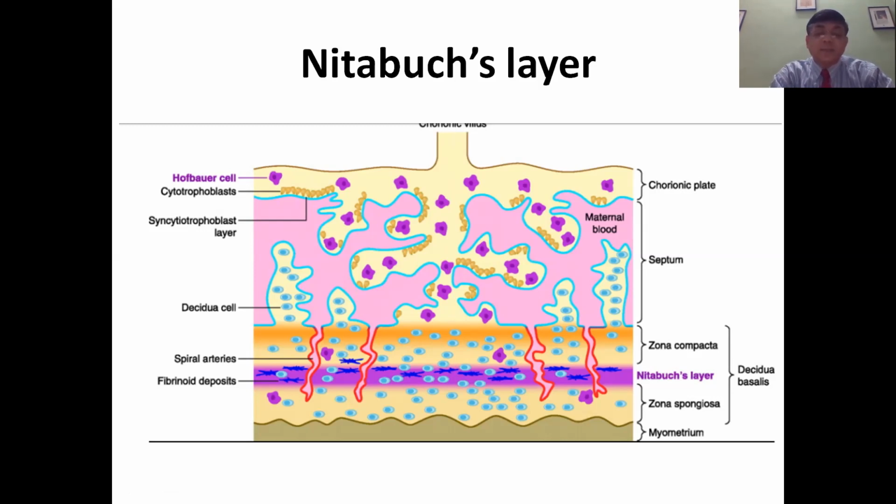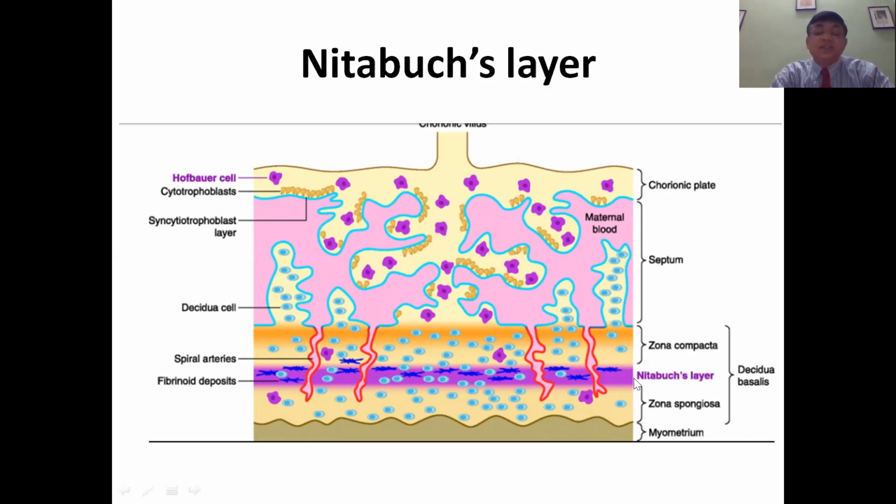Or I can say that the syncytiotrophoblast undergoes what is called fibrinoid degeneration. This fibrinoid degenerative change in the syncytiotrophoblast leads to formation of this layer, which is called Nitabuch's layer.